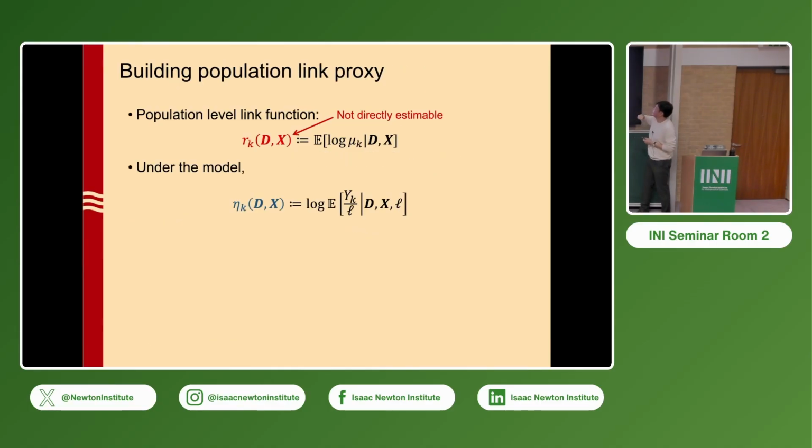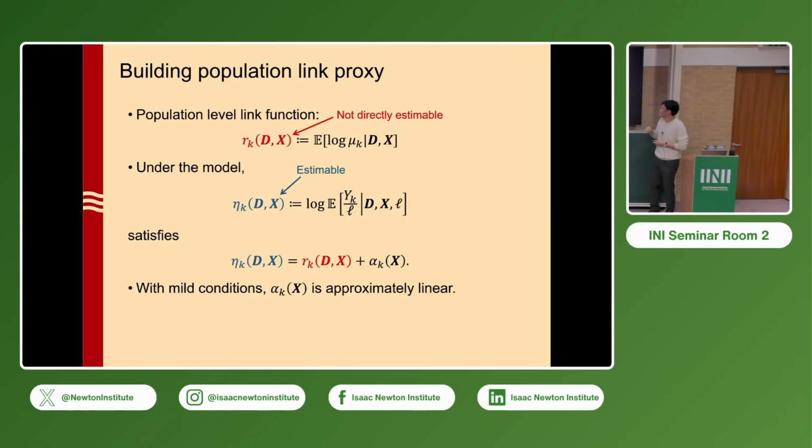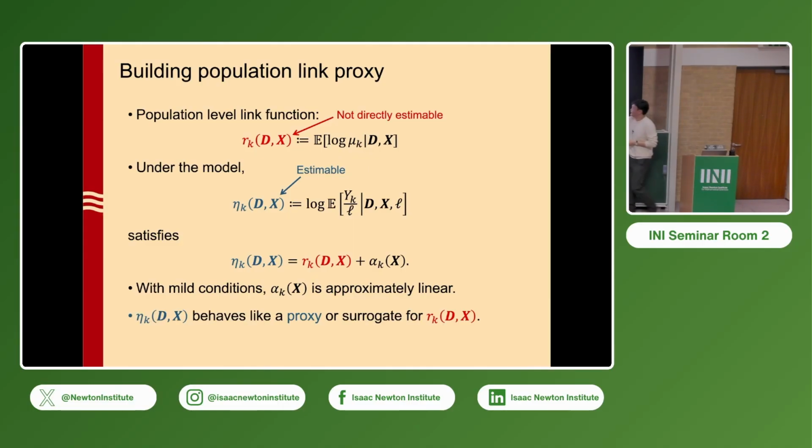So instead, we thought about this eta, which has this relationship, which is actually estimable from the data, and which has a relationship with this r_k, with this alpha x. And you can actually approximate this with a linear function with some mild conditions. So this eta is essentially a proxy, or a surrogate, for this r_k that we can use for regression.